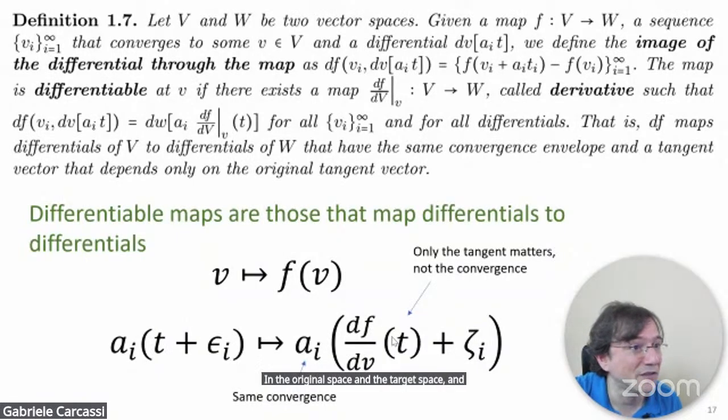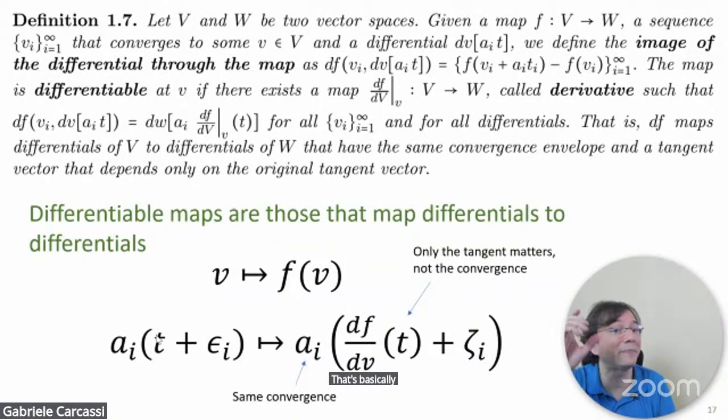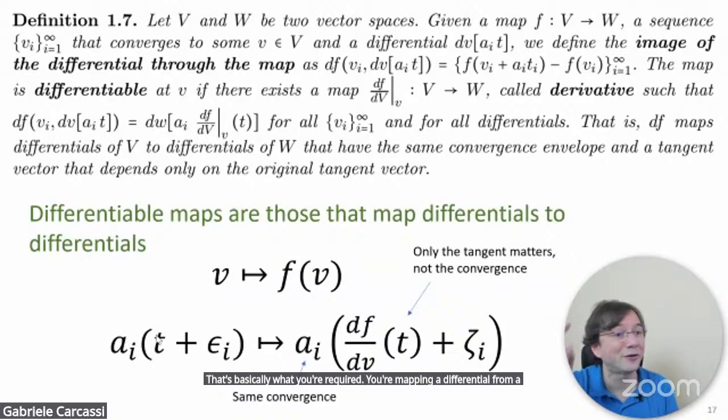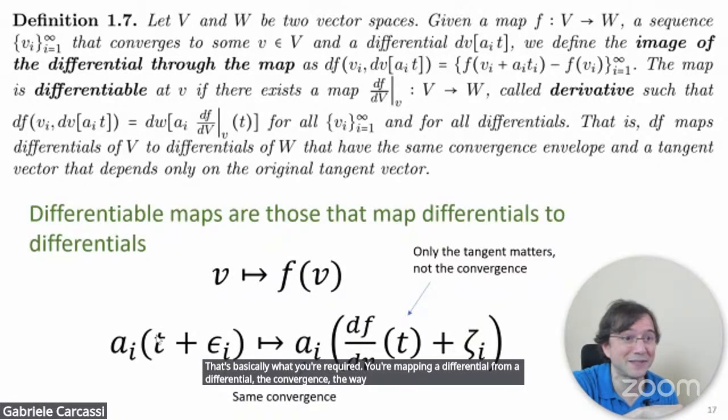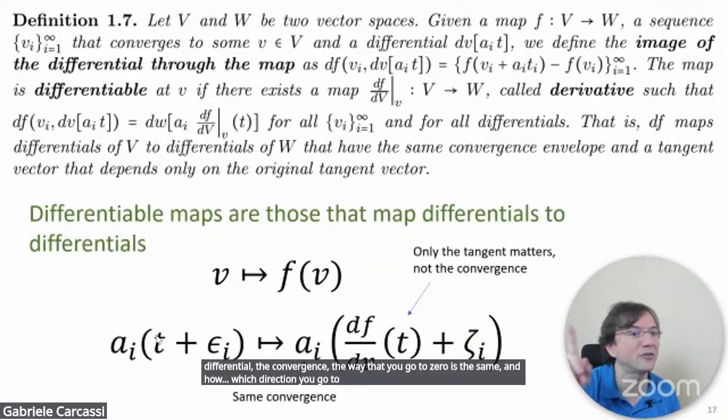And the final tangent vector only depends on the initial tangent vector. That's basically what you're requiring. You're mapping a differential to a differential. The way that you go to 0 is the same, and which direction you go to 0 only depends on the initial direction where you were going to 0.